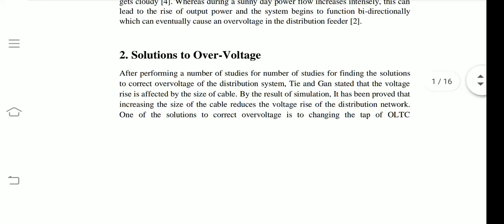Now, solutions to over voltage. After performing a number of studies for finding the solutions to correct over voltage of the distribution system, by the result of simulation, it has been proved that increasing the size of the cable reduces the voltage across the distribution network.